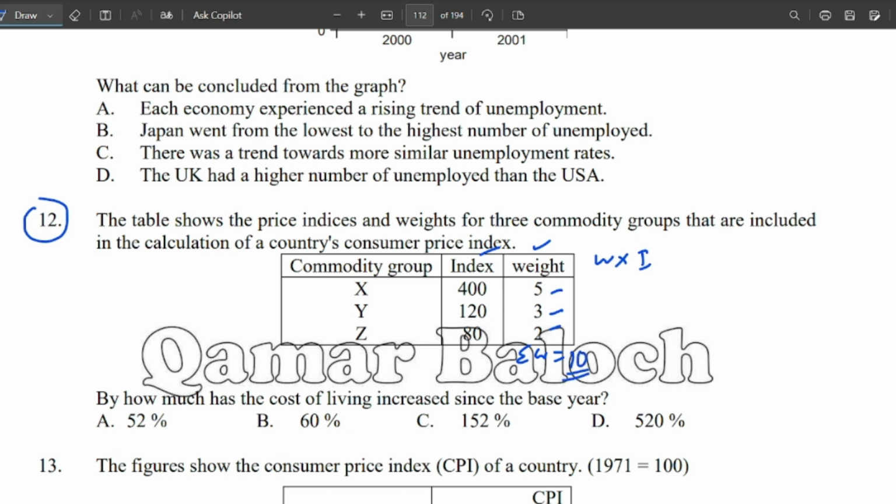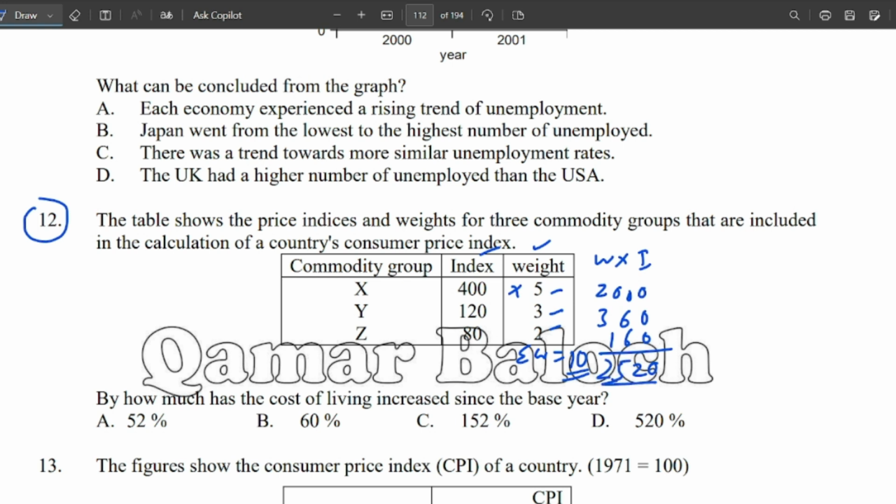Okay, so again you can multiply 400 into 5, you will get 2,000, 5 4s are 20, 2,000, and then you will get 360, and then you will get 160. So you can add these values.